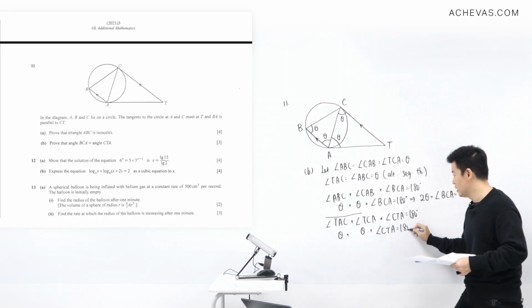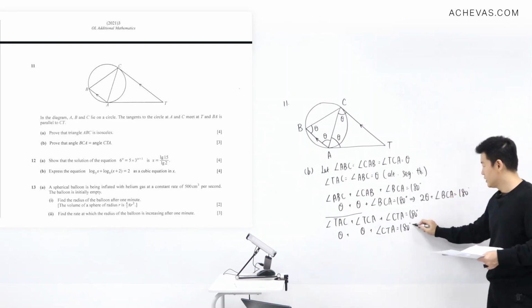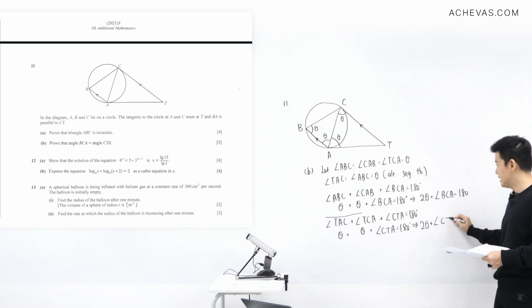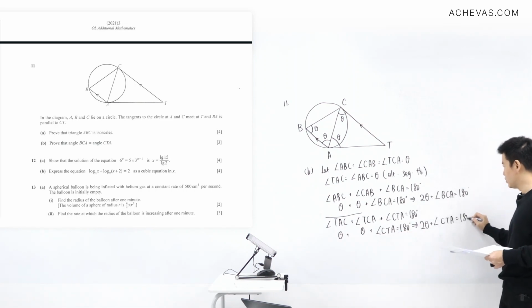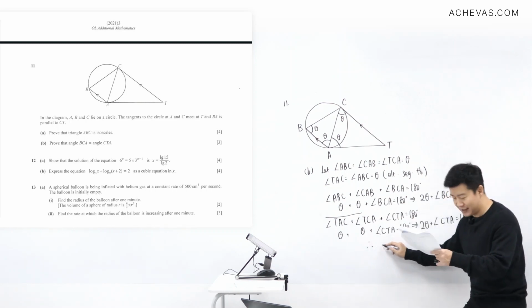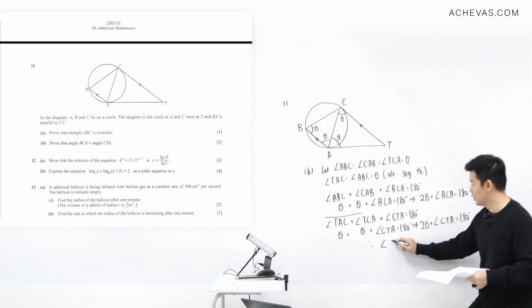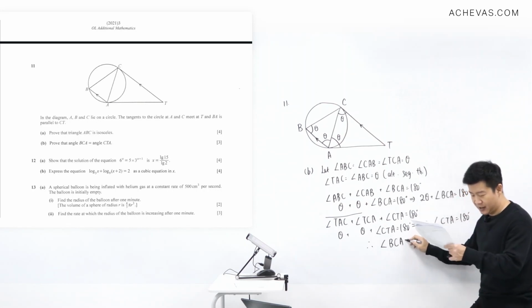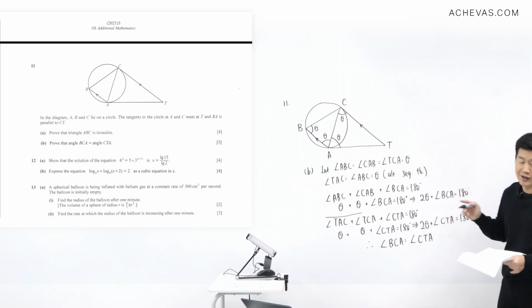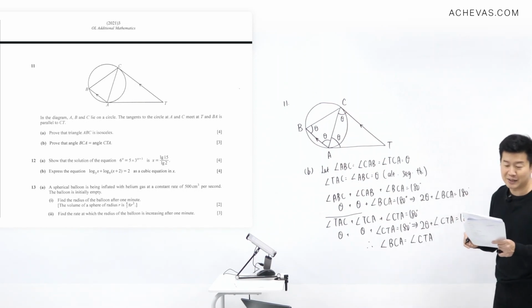This is equal to 180 degrees. So we have 2 theta plus this CTA. This is equal to 180 degrees. Therefore, we can say that this angle, angle BCA, is equal to this angle, angle CTA. Okay, this is what the question wants us to prove in part B.